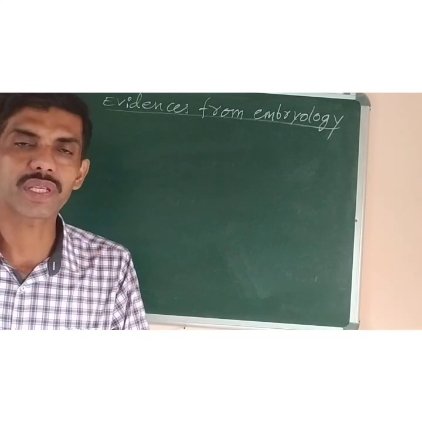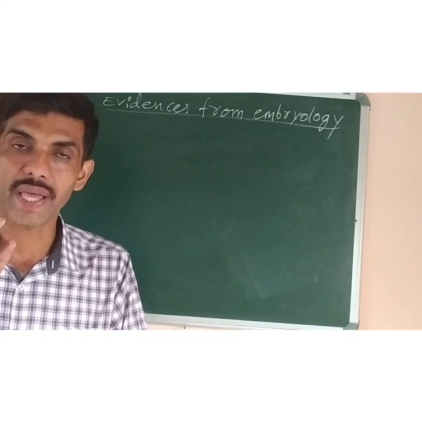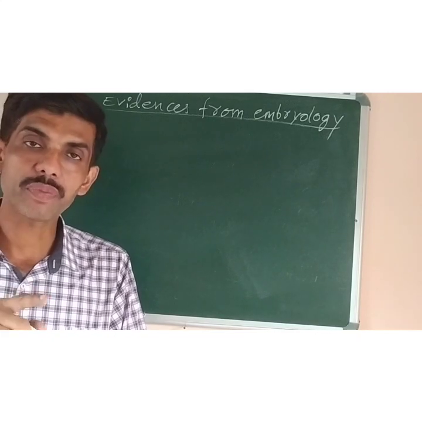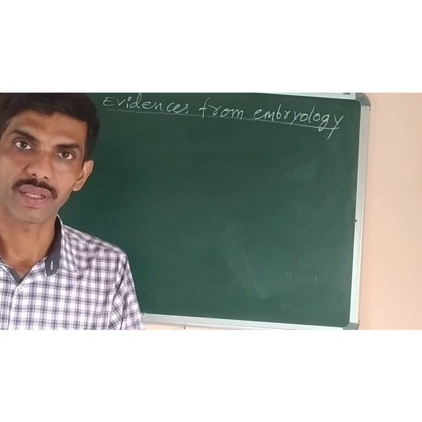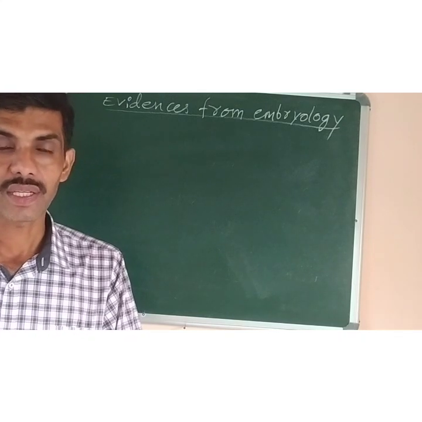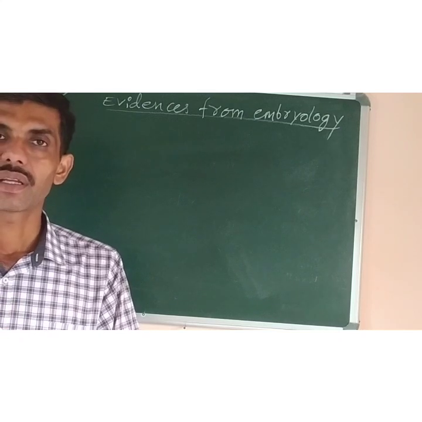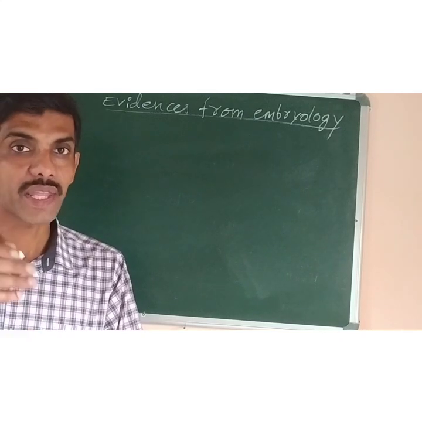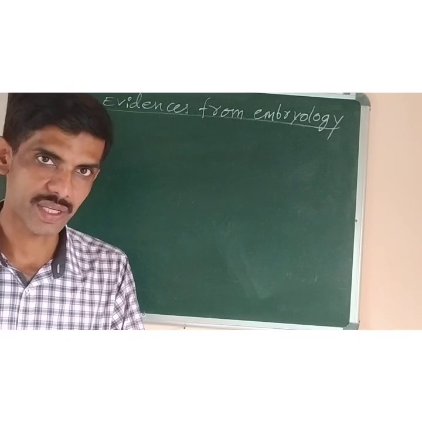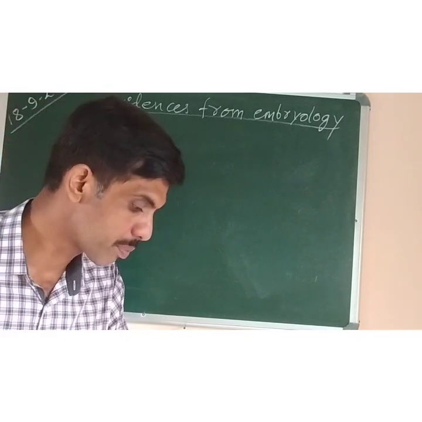They are almost similar. So this shows that all of them have a common origin. Since the embryos of those vertebrates are similar to each other, it means all of them came from a common ancestor.